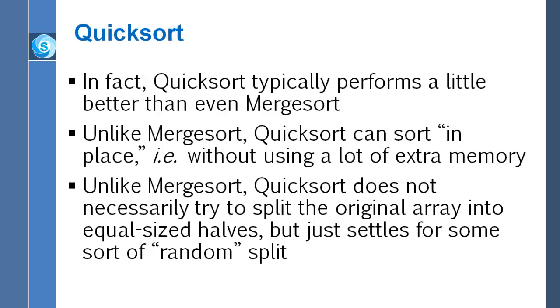In Mergesort, remember, it's a very definite objective to take a portion of the array that you're trying to sort and chop it into two halves that are either equal size or nearly equal size. Well, we'd like that to be the case for Quicksort, but we can't really be assured that the two halves are equal size or nearly equal size.